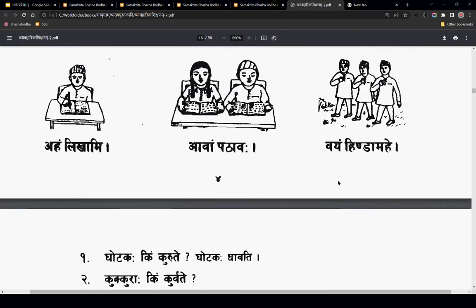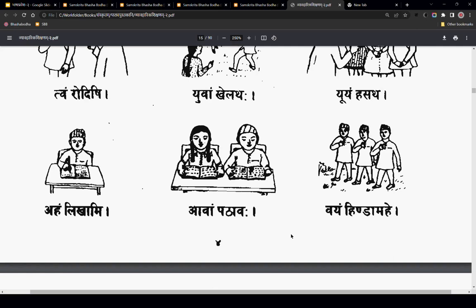So aham likhami, avam likhavah. Hind dhatu means atati, wandering. Vayam hindamahe. This hindamahe, what is the pada of this dhatu? Is it parasmaipada or atmanepada? Hindamahe.